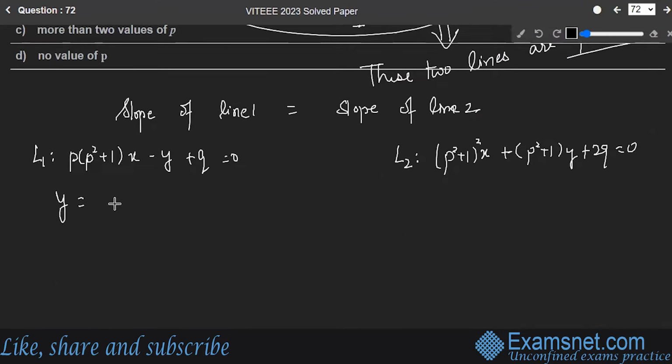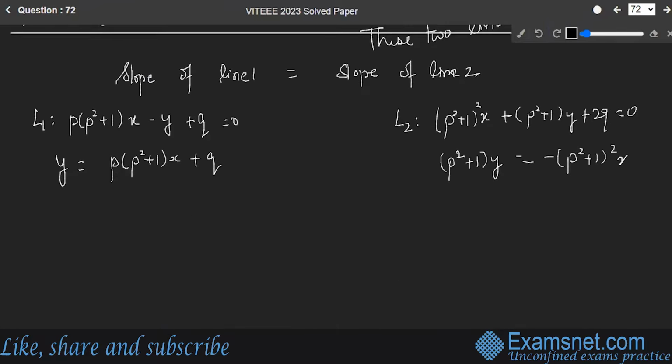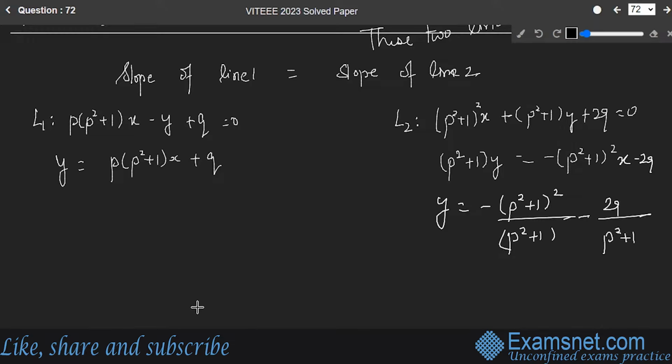This can be written as y = p(p² + 1)x + q. Here you can write (p² + 1)y = −(p² + 1)² x − 2q, or y = −(p² + 1)²/(p² + 1) x − 2q/(p² + 1).